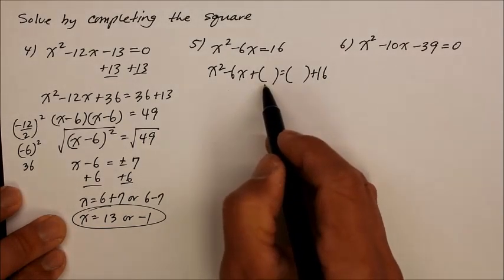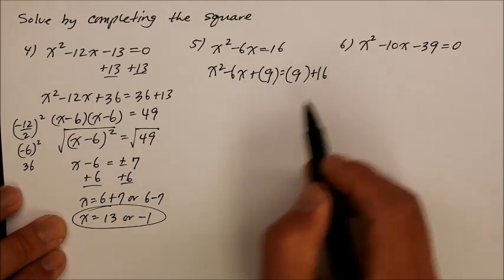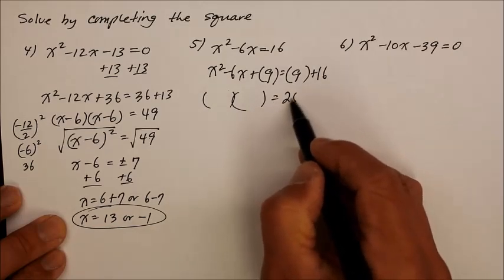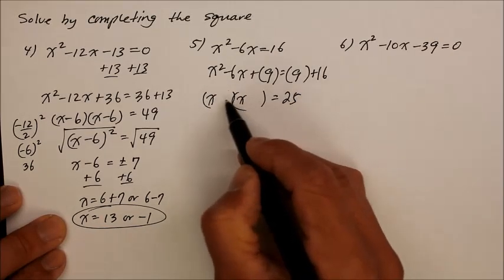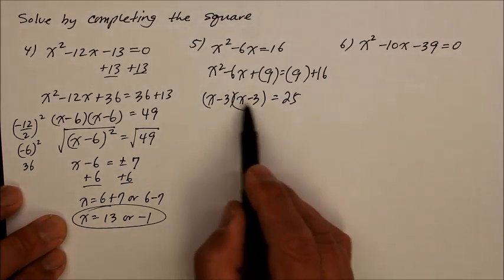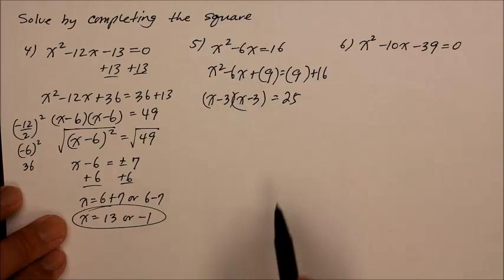Here, half of the 6 is 3. Squared is 9. Factor, and that becomes 25 on the right side. X and x, negative 3, negative 3. Because negative times negative is positive 9, and negative 3 combined becomes negative 6.